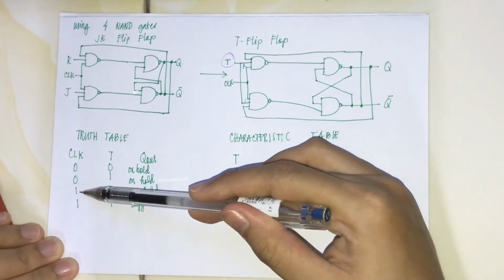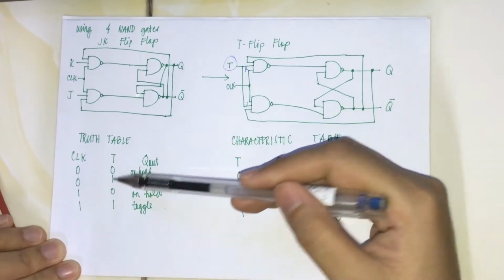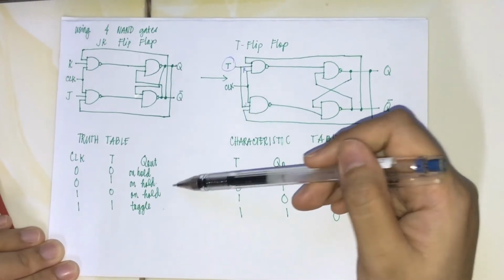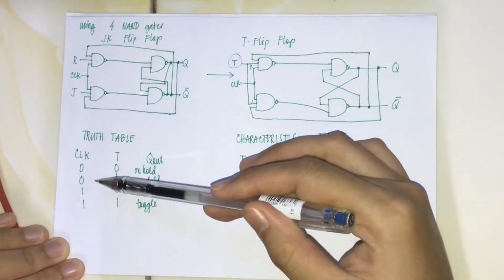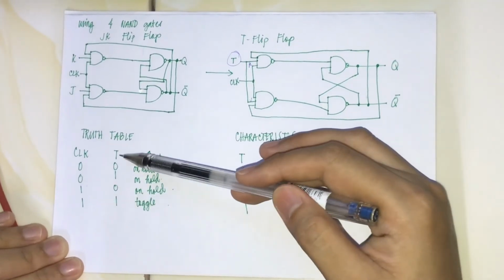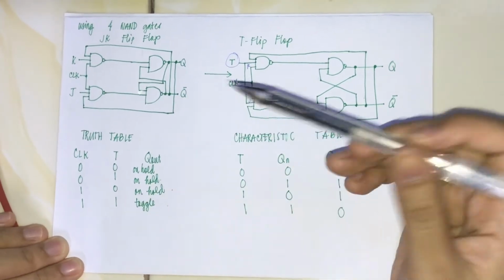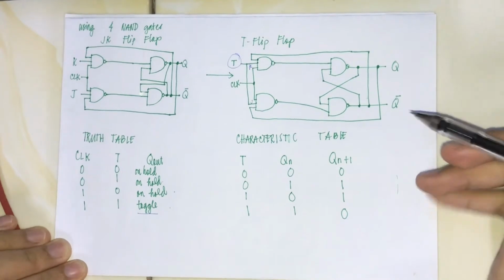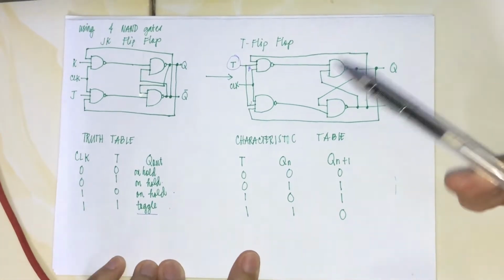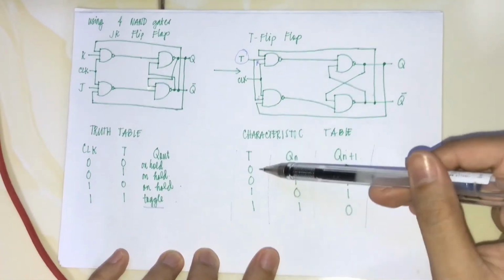And if the clock value is 1 and the T is low or 0, the output would still be on hold. However, if the value of clock is 1 and the value of T is 1, the output will toggle.